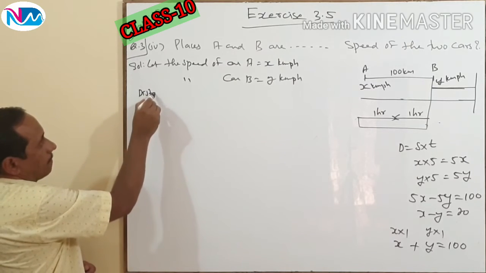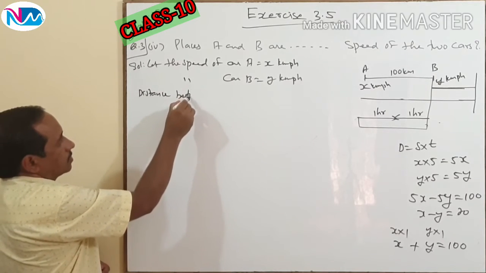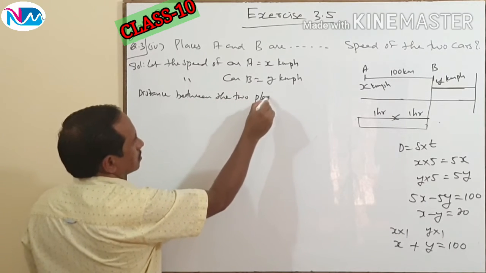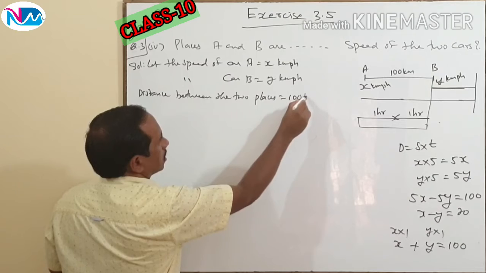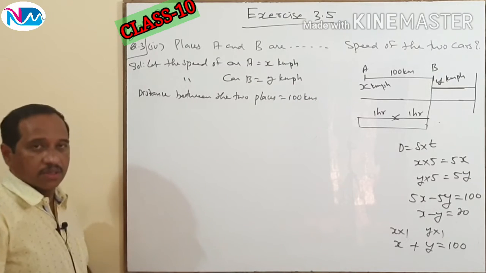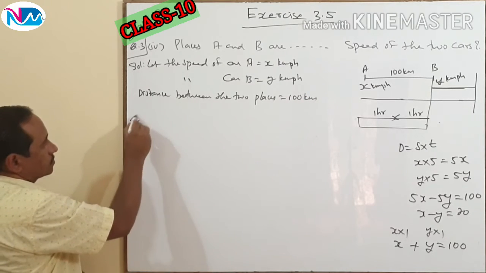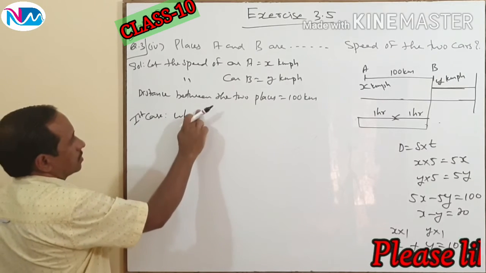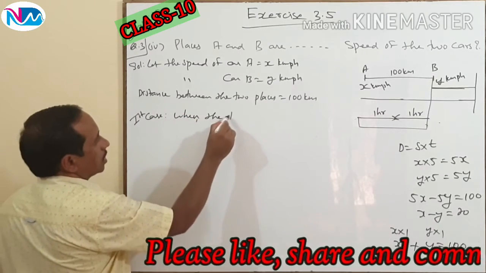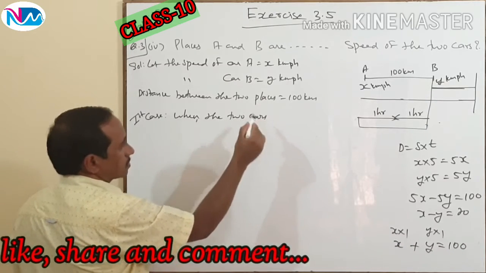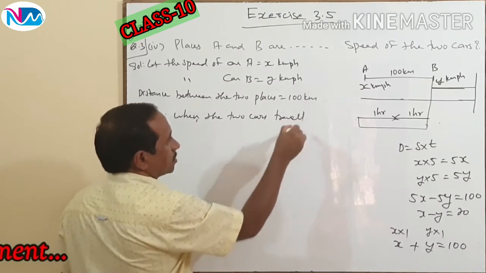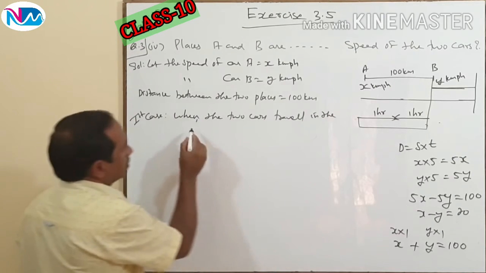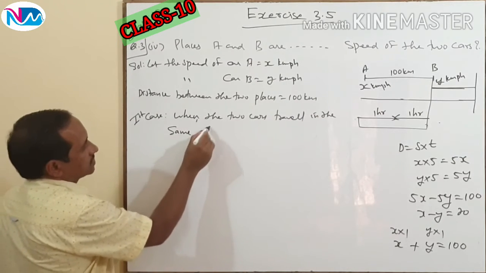Distance between the two places is equal to 100 kilometers. The first case, when the two cars travel in the same direction.